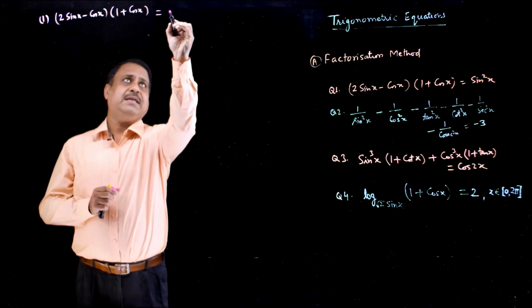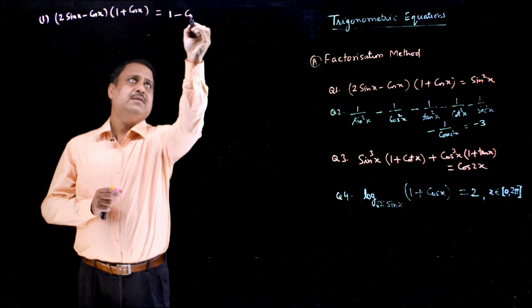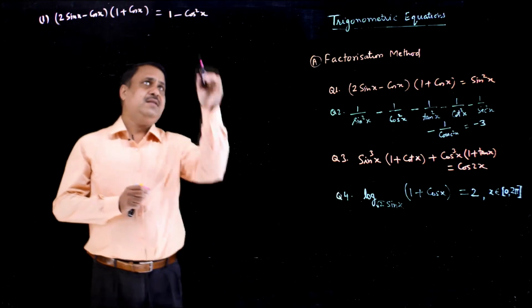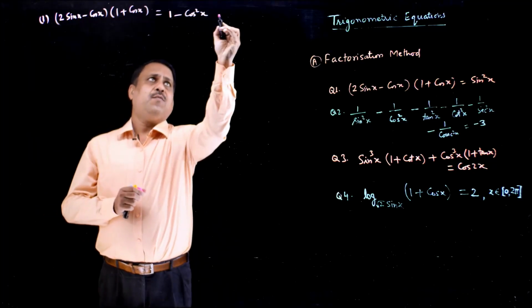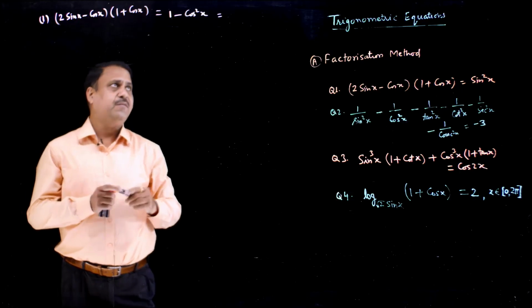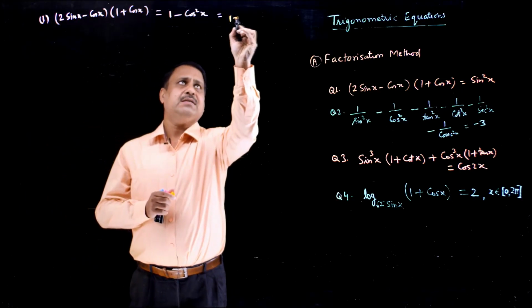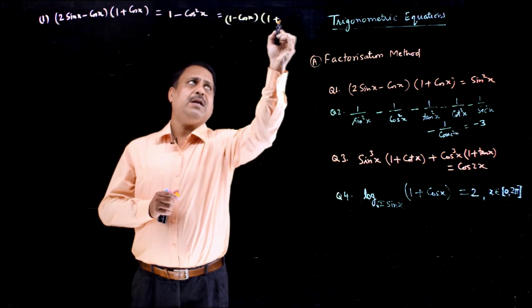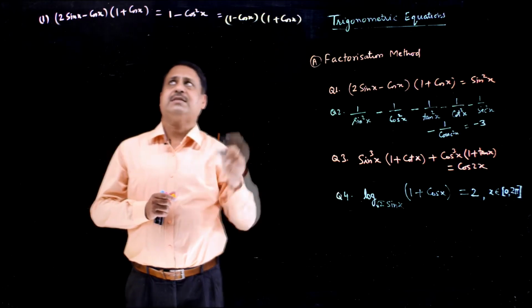Sin square x can be written as 1 minus cos square x, and this can be written as 1 minus cos x into 1 plus cos x. So we can factorize it.